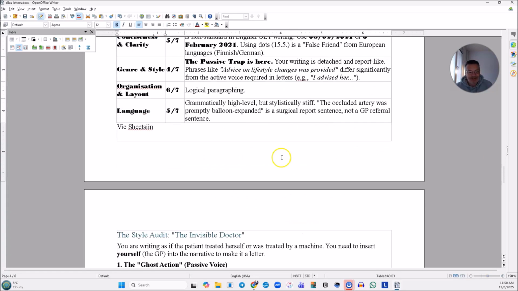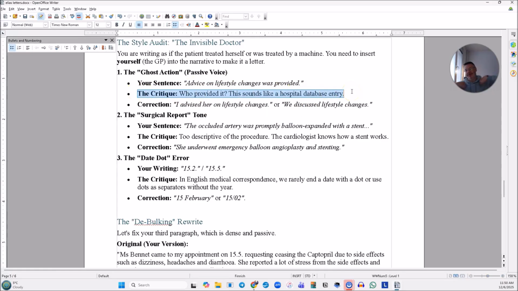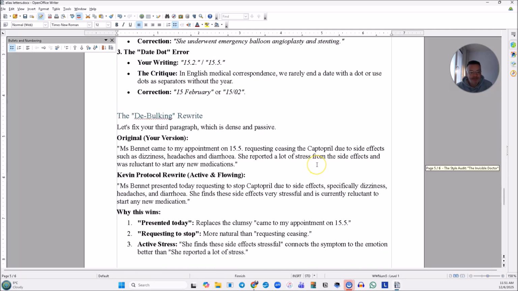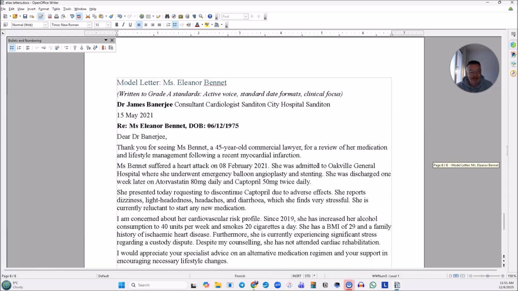GP referral sentence, okay, let's have a look. Sounds out of database entry. Well, it's obvious who provided it. It was the author of the letter, obviously. Anyway, like it says, too descriptive. She underwent. Okay. So, look, thank you for seeing again.